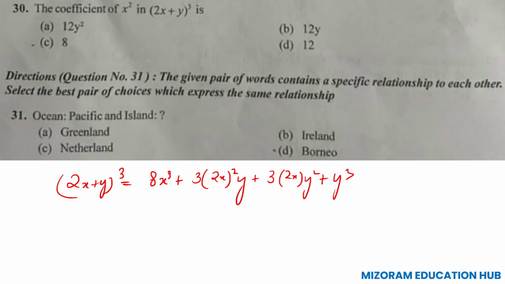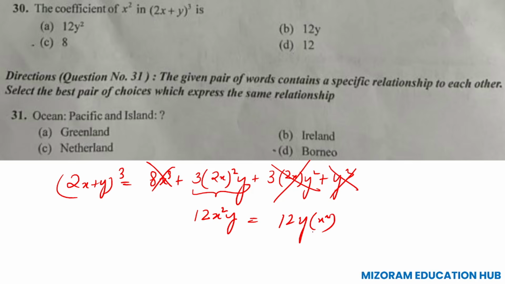We only need the x square part. So simplify: 3 into 2 square means 12, and then x square y. So x square coefficient will be 12y. Option B is the correct answer.